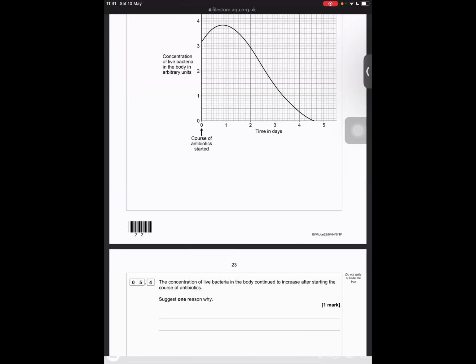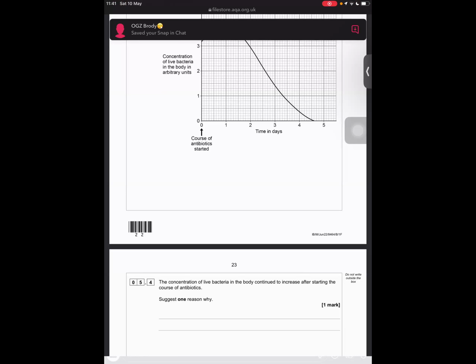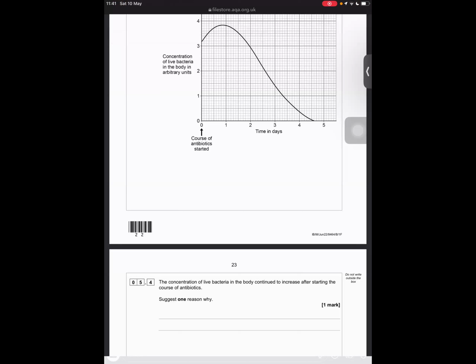Did any of what I just said now make sense? Not really, no. Okay, so you understand that the bacteria all this while was having a field day in the body. No contention, nothing was fighting it.